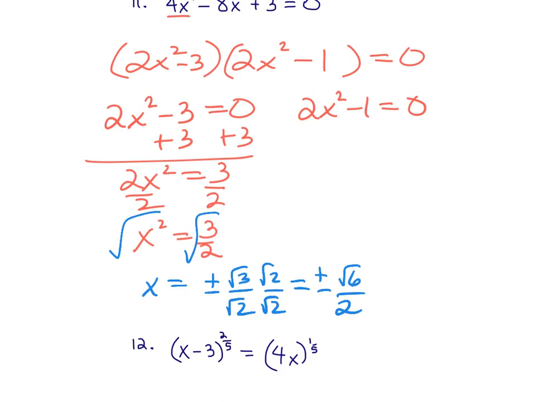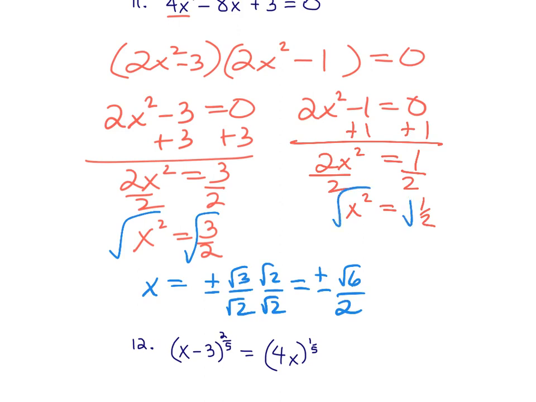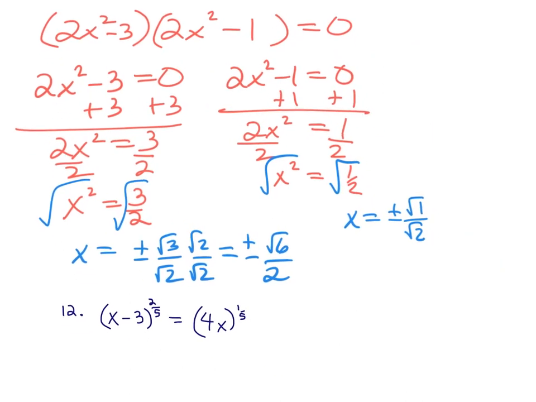Now I need to solve the other one. Add 2. 2x squared equals 1. Divide by 2. X squared equals 1/2. Square root both sides. And I get x equals plus and minus square root 1 over square root 2.